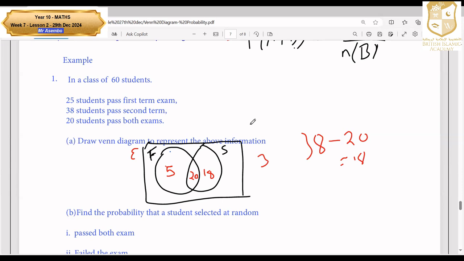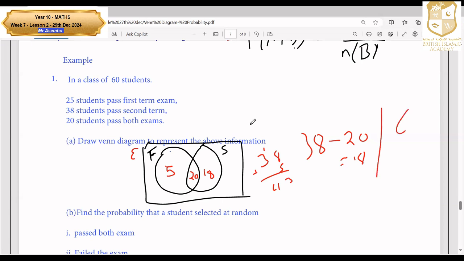Then 38 plus 5 gives us 43. But they must add up to 60.